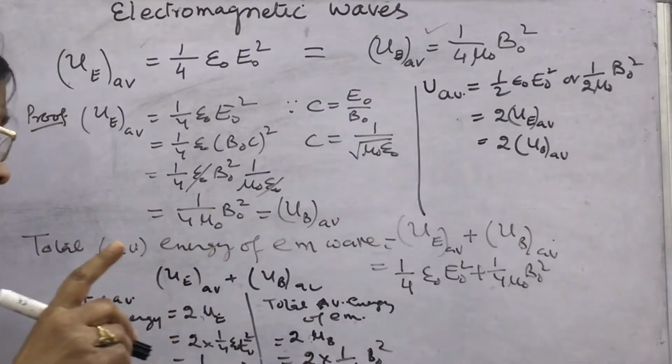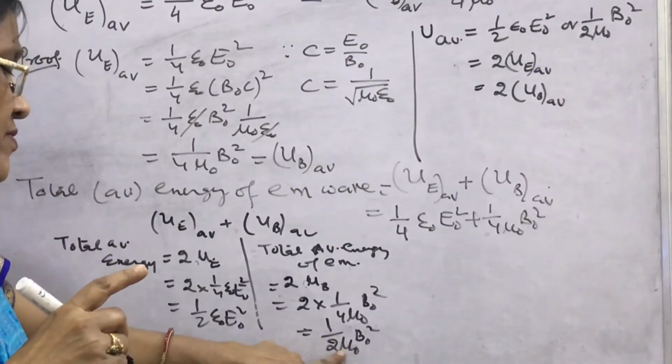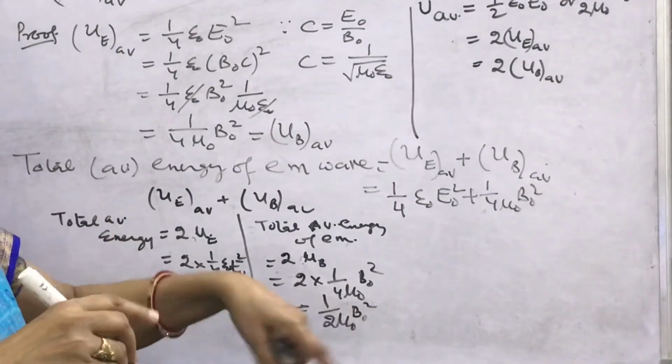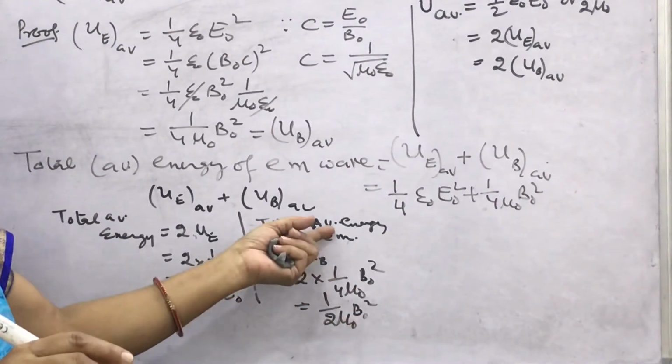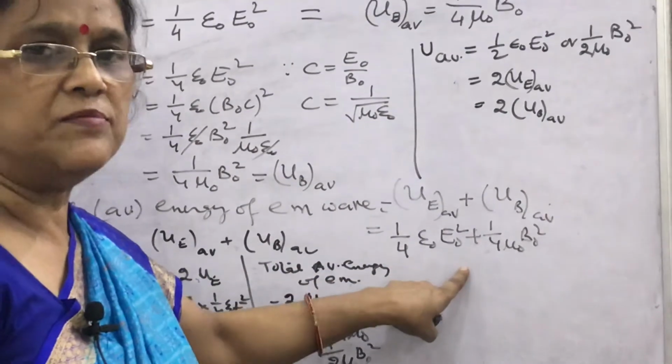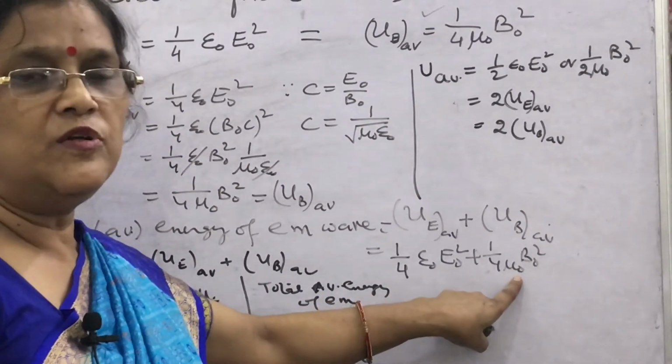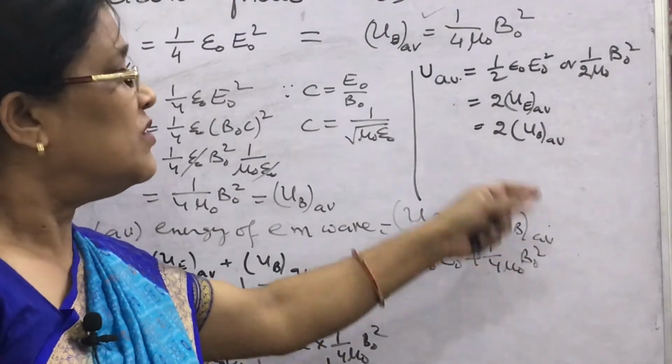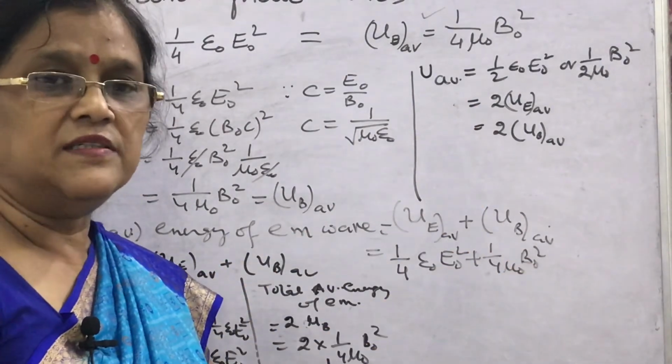That is the total energy. Or if half mu naught B naught square is given as the energy of the EM wave, then this is the total energy in magnetic form. Separately, it is 1/4 epsilon naught E naught square plus 1/4 mu naught B naught square. So in this way, energy density is learned.